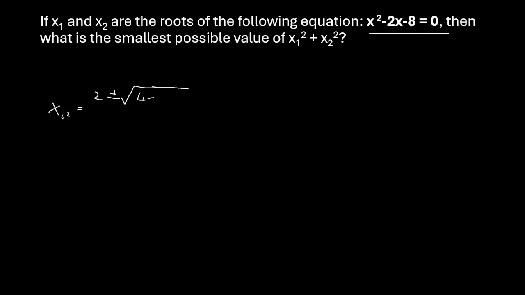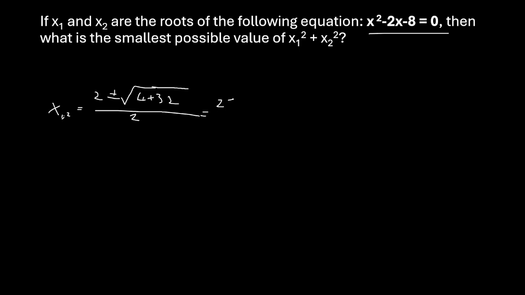So 4 times negative 8, that's negative 32. Minus negative 32 is positive 32. All over 2a, which is 2.